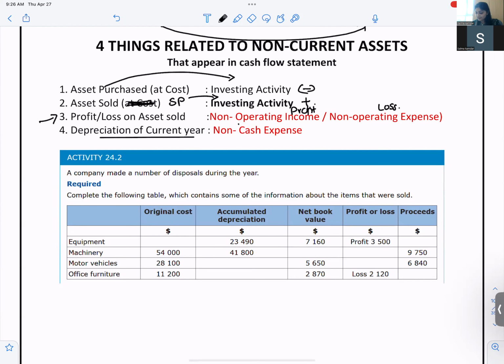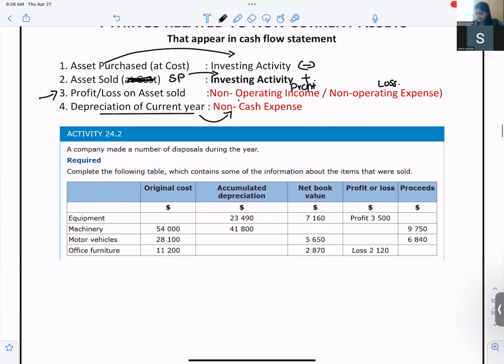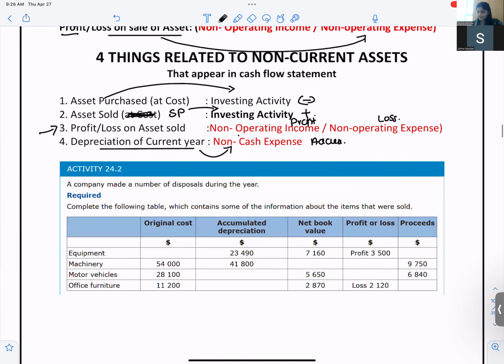Depreciation of the current year is a non-cash expense. It is added back. So whenever any non-current asset is there and the asset is sold or purchased, you have to think of four things: asset purchase, investing activity; assets sold, selling price, investing activity; profit or loss on sale of asset, non-operating expense or income; and your depreciation of the asset is a non-cash expense.